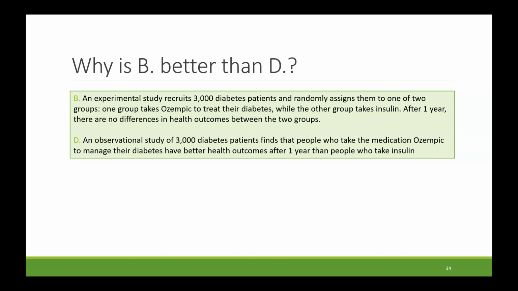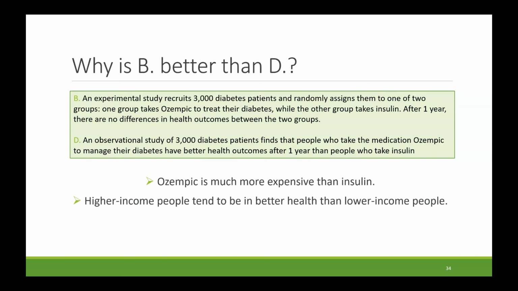There are reasons other than their choice of medication why people who take Ozempic might be doing better than people who take insulin. So for example, Ozempic is much more expensive than insulin. And in general, people who have a higher income tend to be in better health than people who have a lower income because again, like with the breastfeeding study, they have more resources.